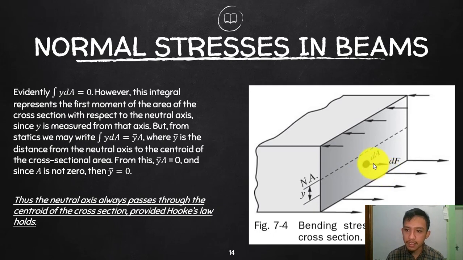That y bar is the distance of that centroid to your neutral axis, where we are taking the first moment of area. So instead of writing the integral of y dA, you can simply write y bar times A, wherein y bar is the distance of the centroid of this area to your neutral axis, and the area is the area under that certain stress.